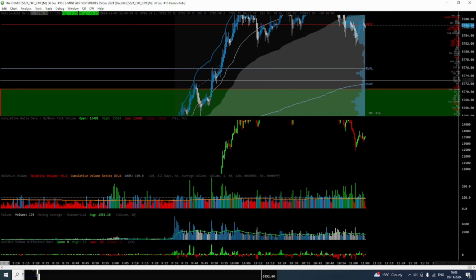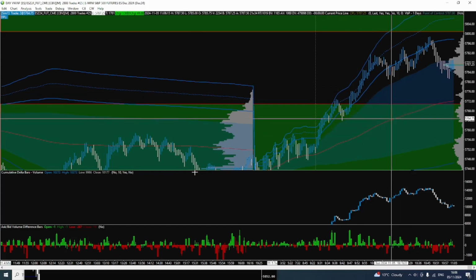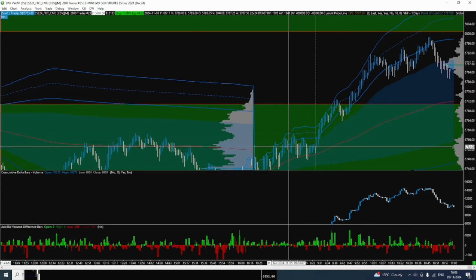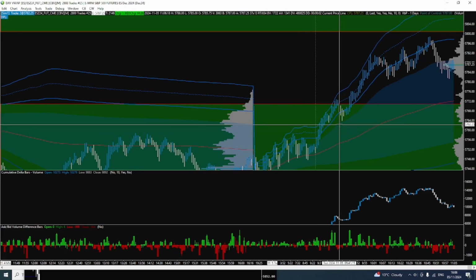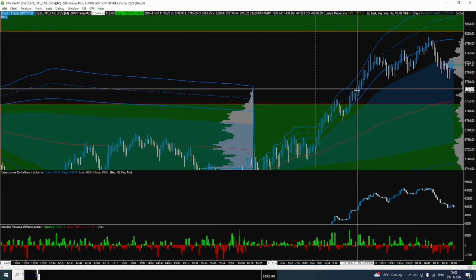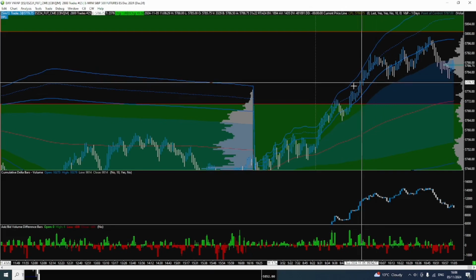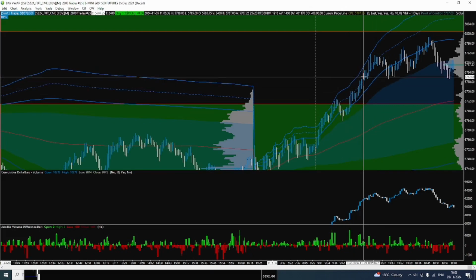So when you have a weak trend, price will bounce from VWAP. A strongish trend, it will bounce from 1 standard deviation, so this shaded area here, right? And when you have a very strong trend, it will bounce from 1.5, and that's usually my final point of entry. I would never enter from 2 standard deviation.